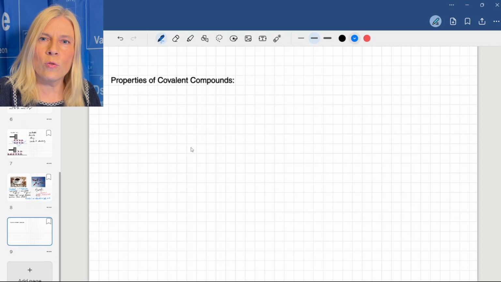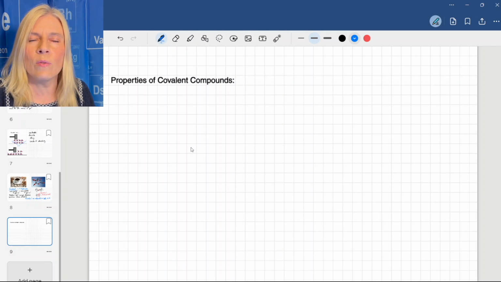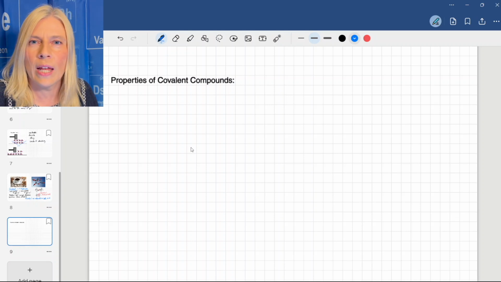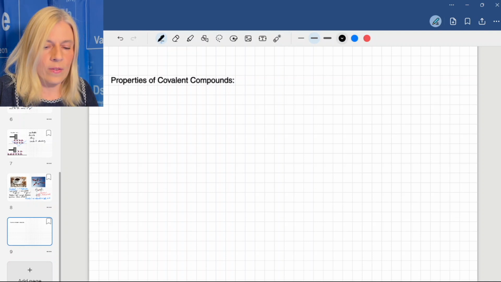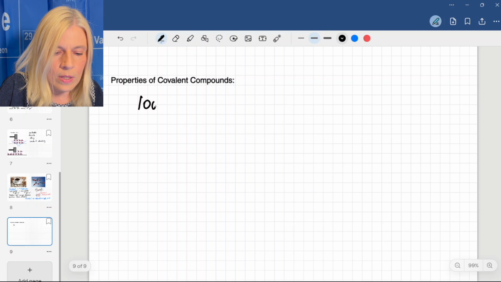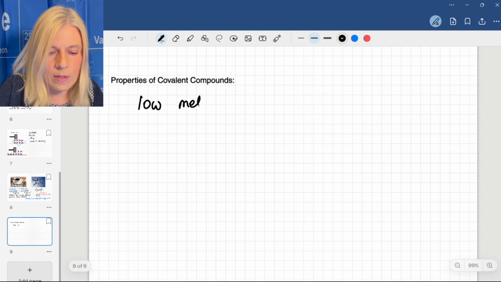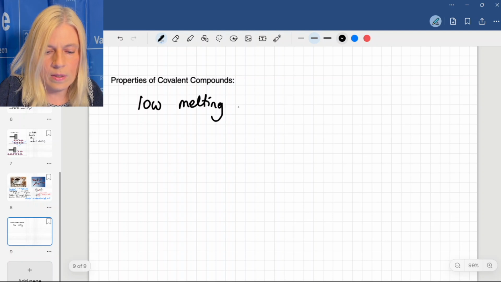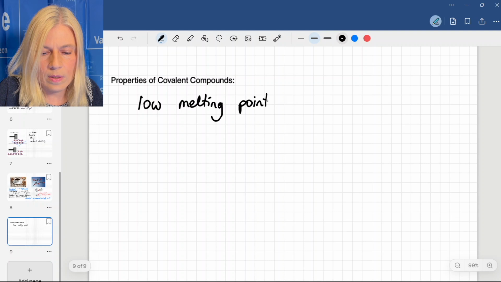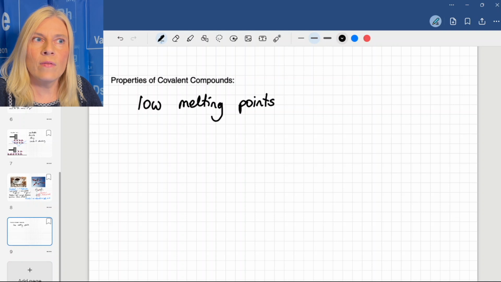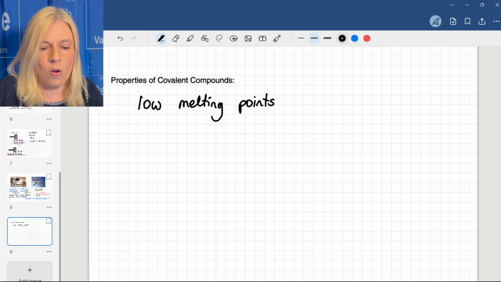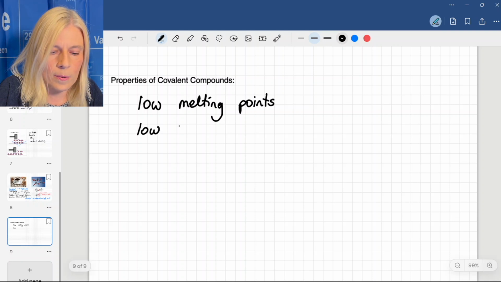Sugar molecules have to hold hands, and we will talk in a different video about intermolecular forces. Because of that, they have very low melting points. You can melt sugar very easily. And then they have pretty low boiling points.